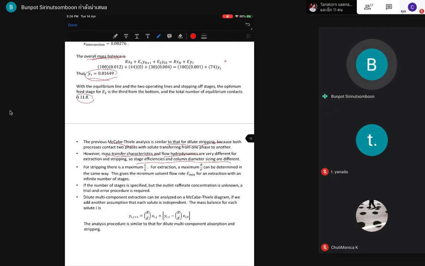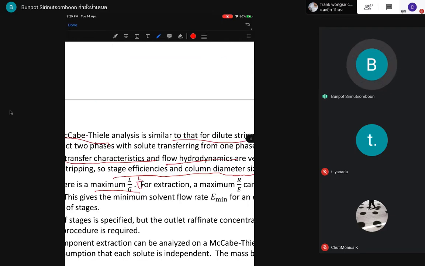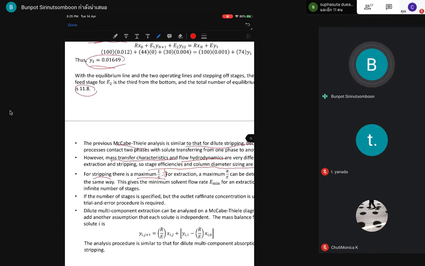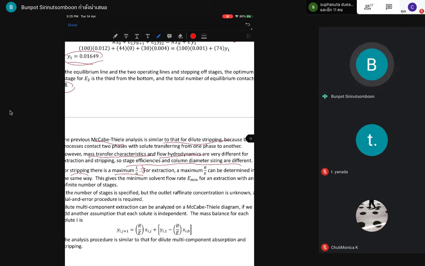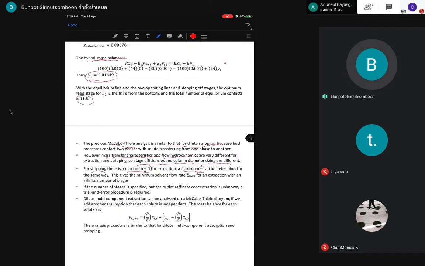In stripping, you have maximum L over G, or L over V, up to you how to use it. The same for extraction, you also have maximum R over E. At this point, it can also be determined in the same way.